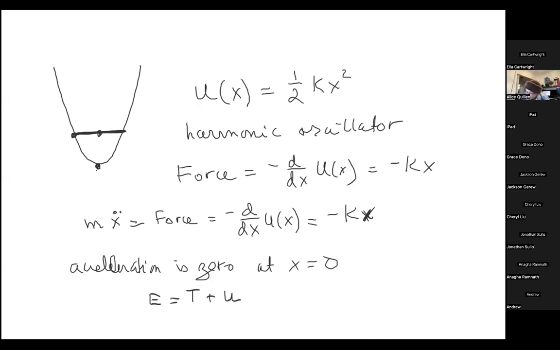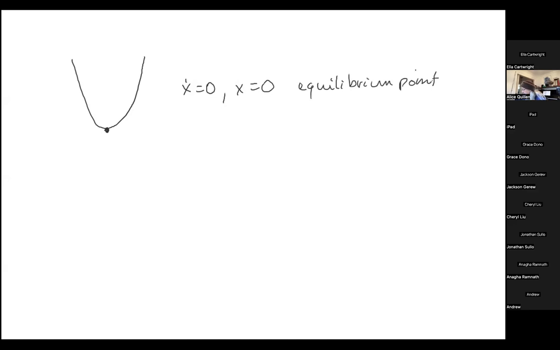But at the bottom, if you start the particle with 0 velocity, x dot equals 0, and at x equals 0, then it stays at the bottom of the potential well. So for the harmonic oscillator, x dot equals 0 and x equals 0 is an equilibrium point. It means the particle stays there forever.